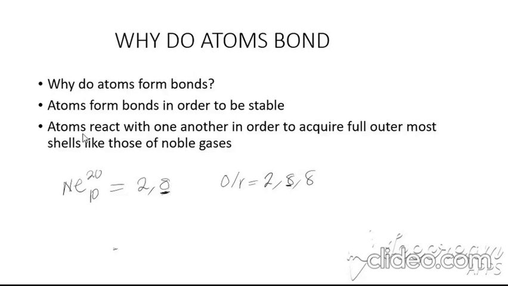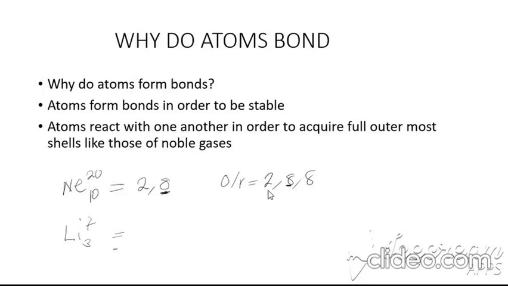So one of the reasons why atoms react or bond is to acquire a full outermost shell like noble gases, to acquire the full electrons, like obeying the octet rule. For example, lithium, it's a metal. It has 7 as the mass number and 3 as the atomic number. Let's do the electronic configuration for this.